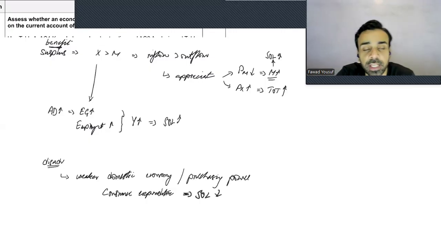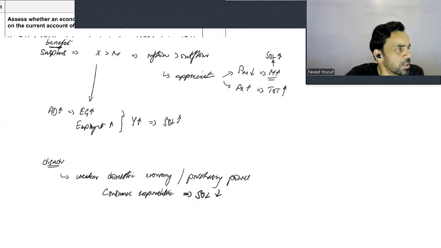We can make this case for China: even though China exports so many goods and services, it turns out the rich are getting richer and the poor are not. The workers are not really getting the chance to consume all those goods that they are exporting. And obviously, because of that you can have a lot of problems, from a weaker economy point of view as well. Okay. What other disadvantages could there be of surpluses?